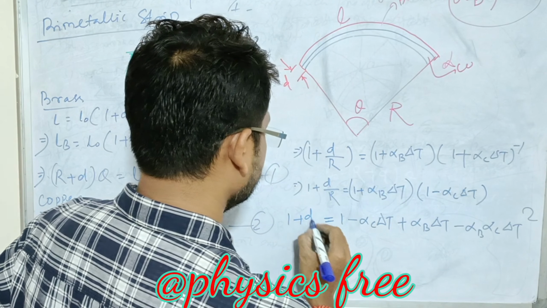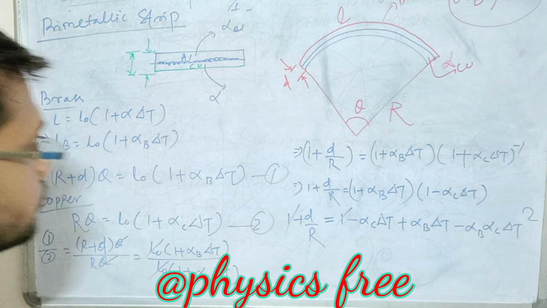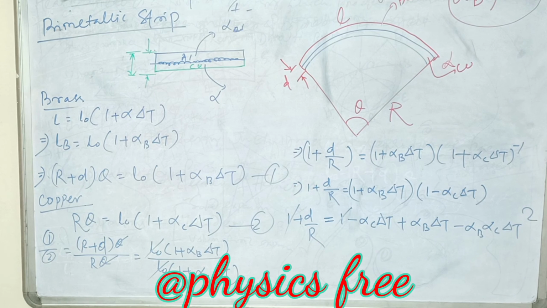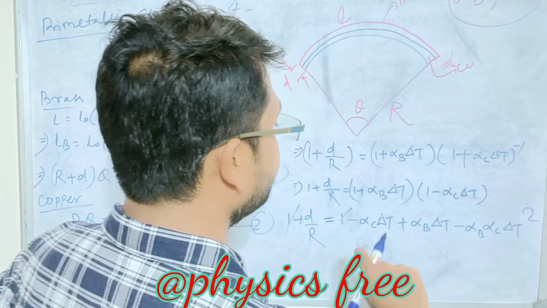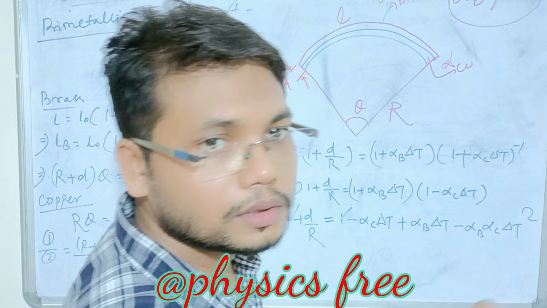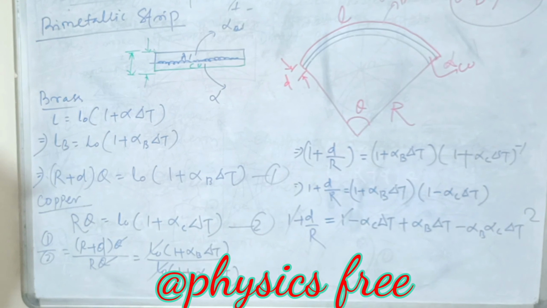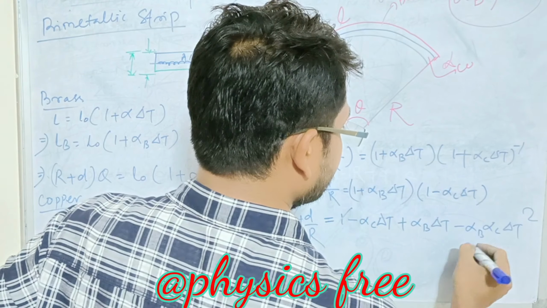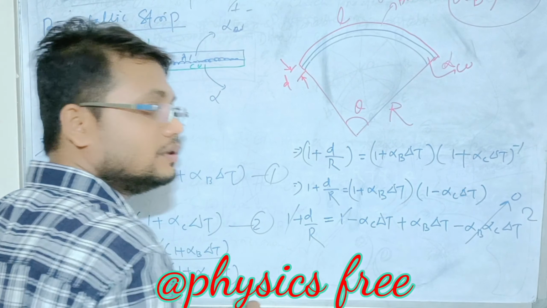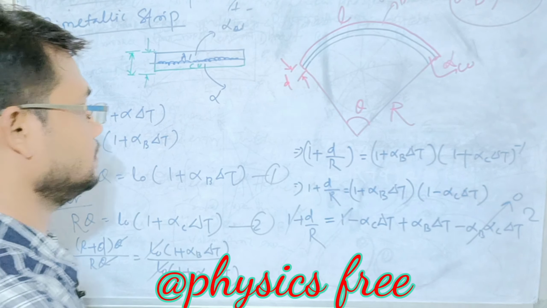In 1 plus d by r, 1 cancels out. If you do the multiplication of alpha B into alpha C, or square or cube, the value will be very small, so it can be neglected.